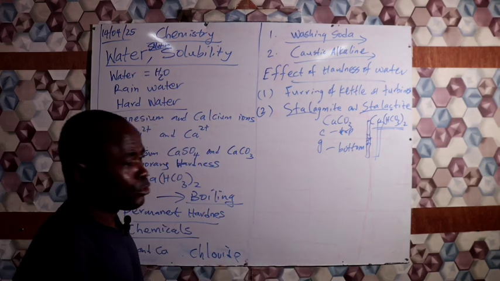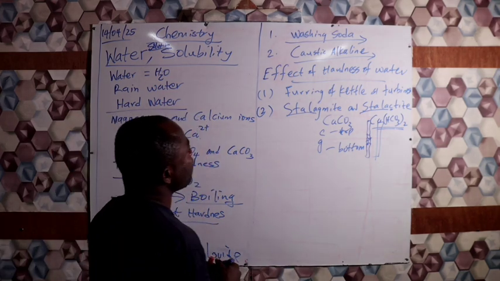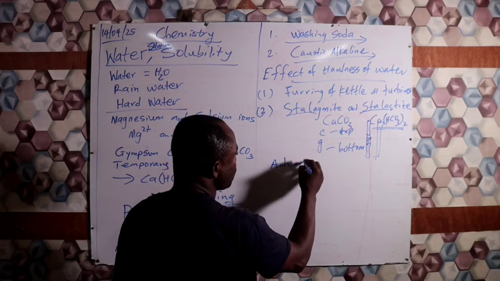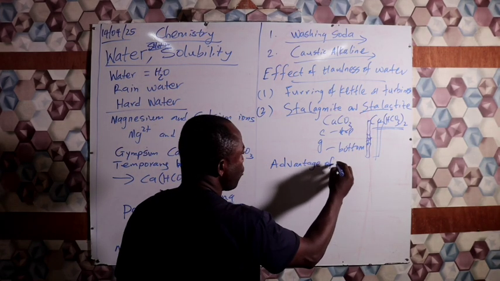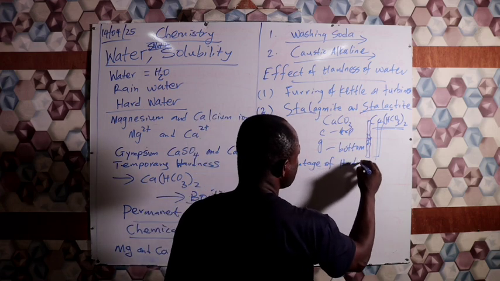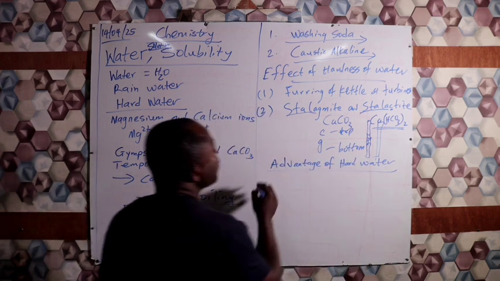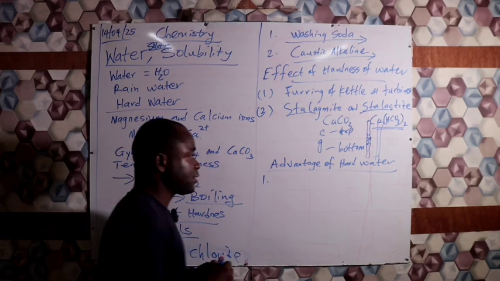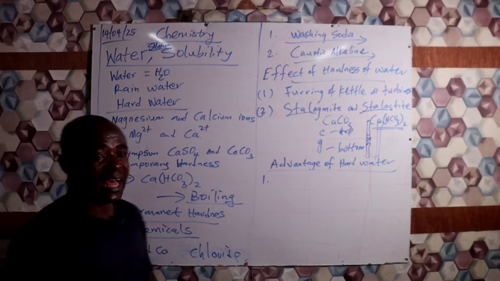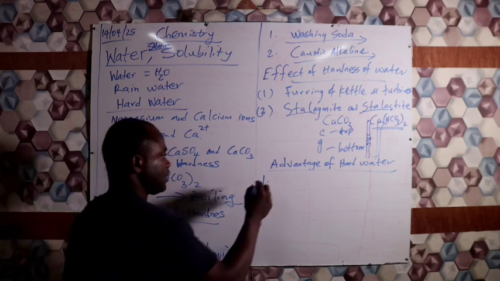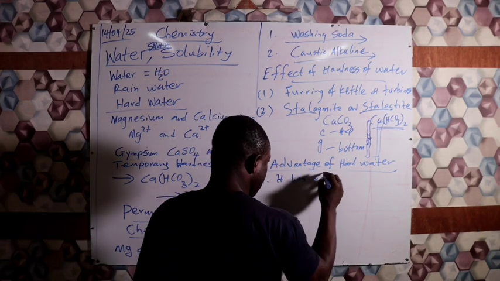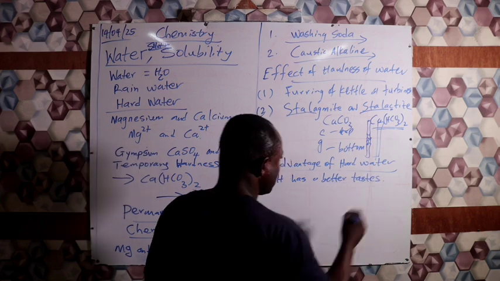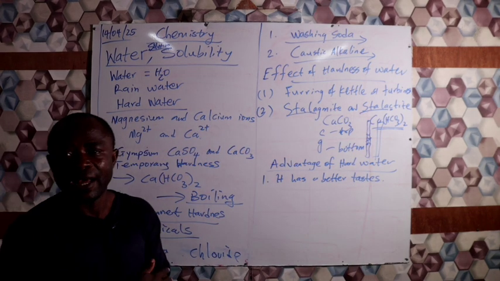Okay, now we have advantage of hard water. Now, what is the advantage of hard water? Number one is that hard water has a better taste. It has a better what? Taste. Okay, because it contains more of those mineral ions.